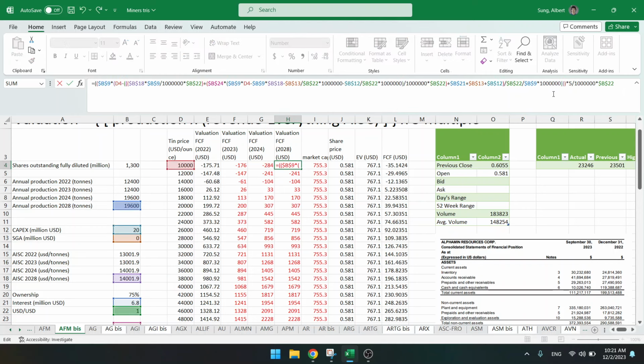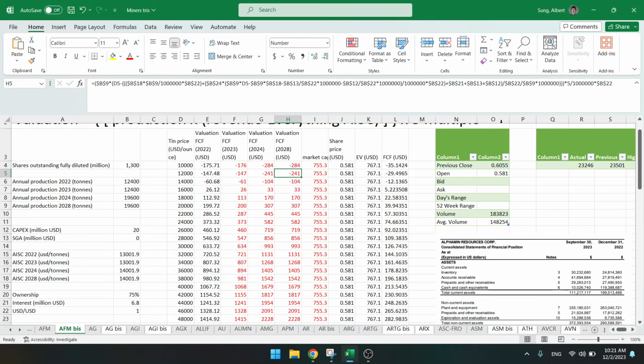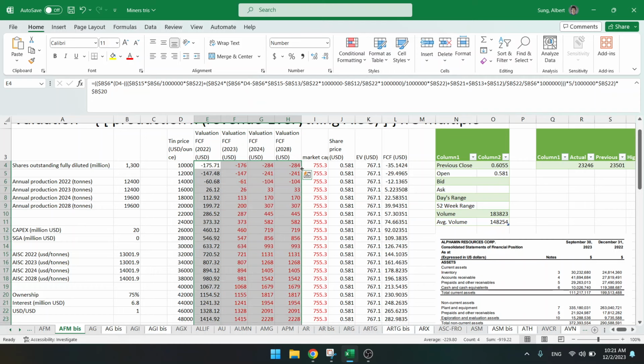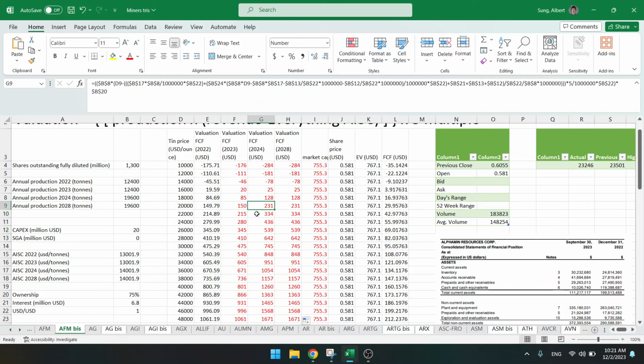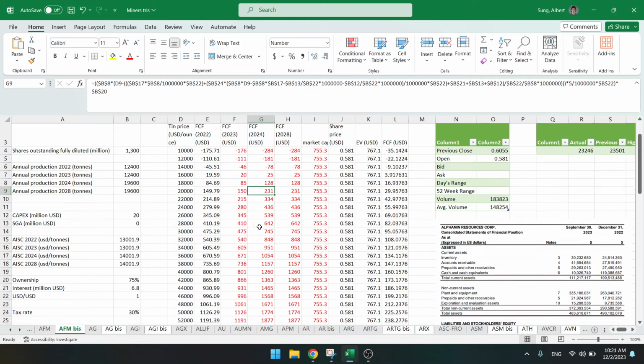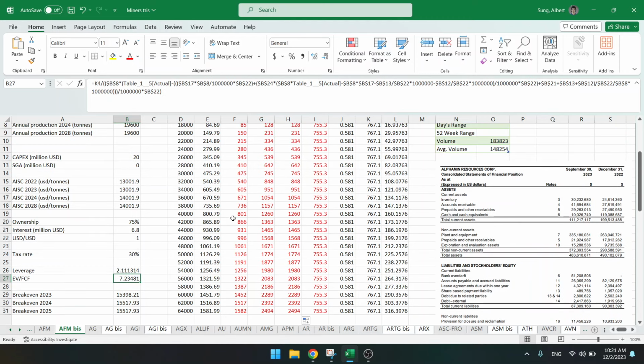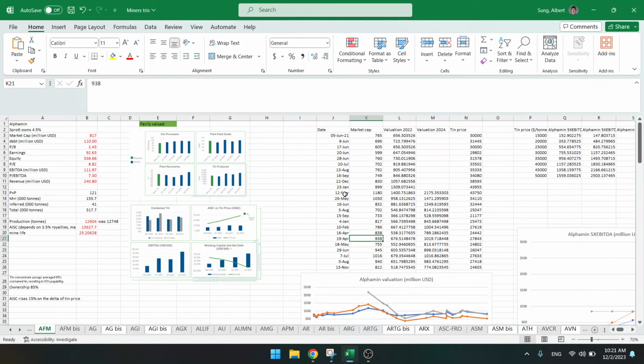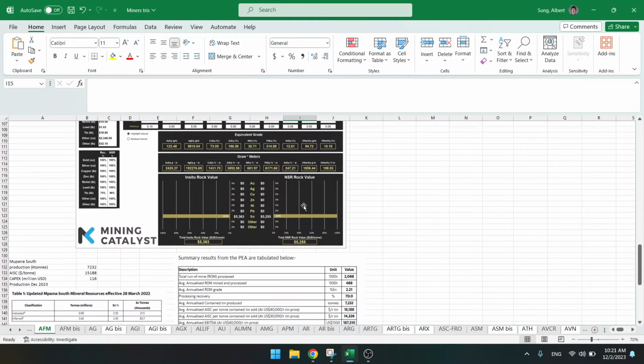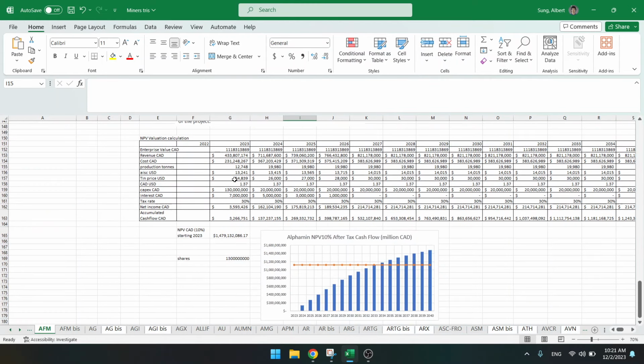Here as well, times ownership. Okay, and then we just pull this down. So now I get an EV to free cash flow of 7. Is that correct?